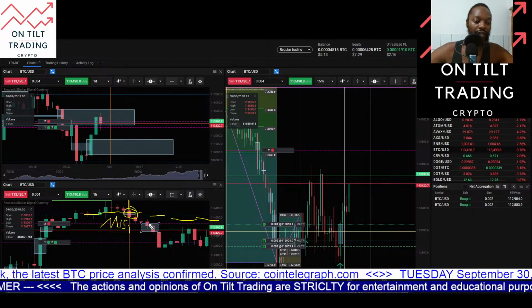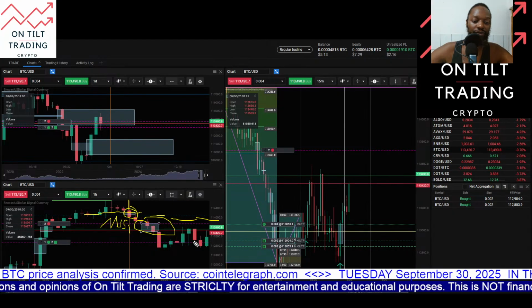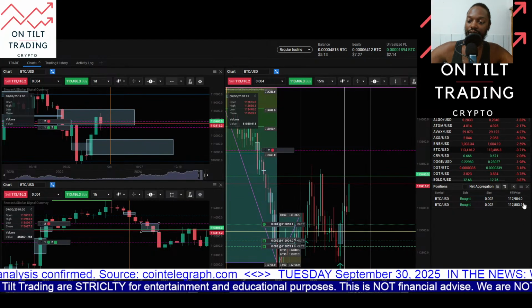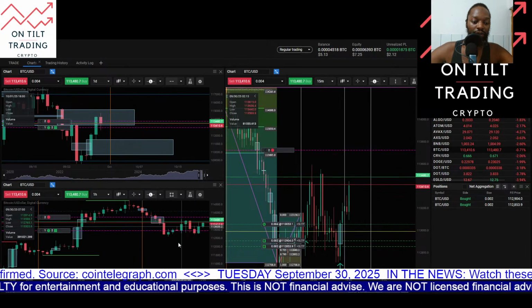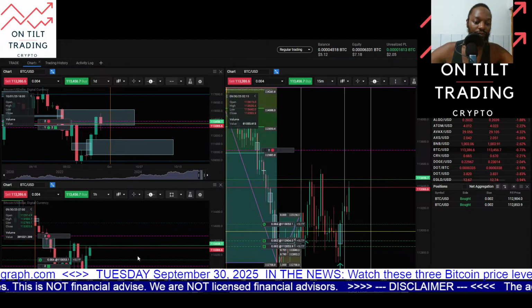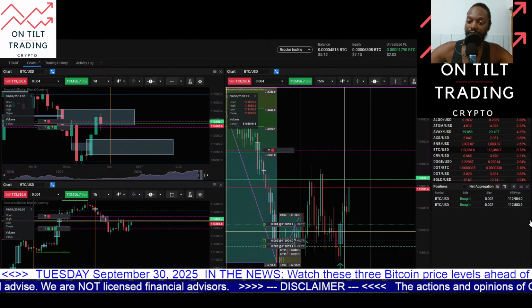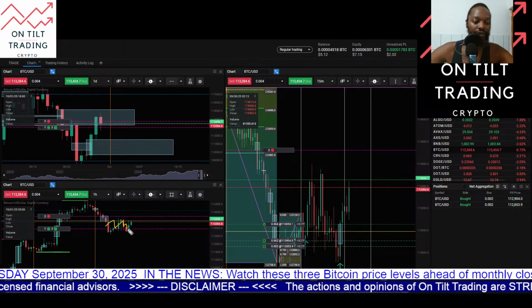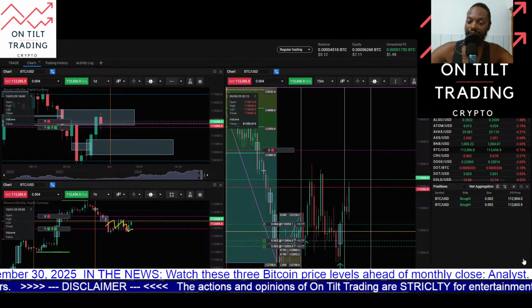And then after that, you're getting an additional fair value gap put in here. And since then, there's been some consolidation in this area here.